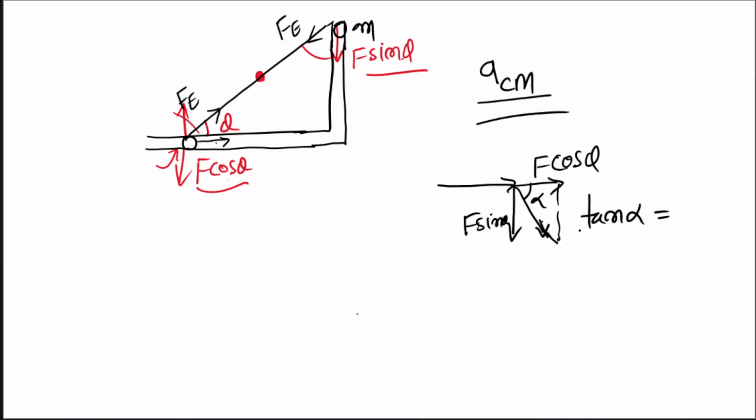Tan alpha you can write as F sin theta by F cos theta, which is interestingly equal to tan theta, so alpha is equal to theta. That means the direction of the net force makes an angle theta, and along this line this body will move.